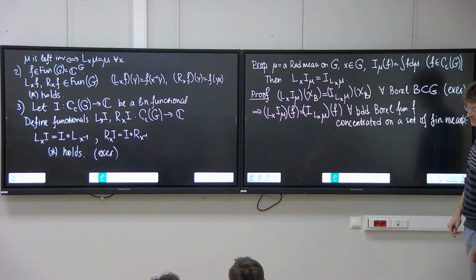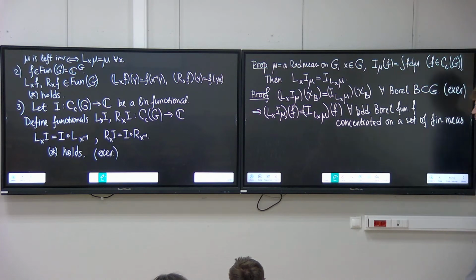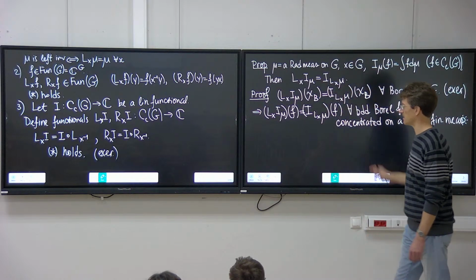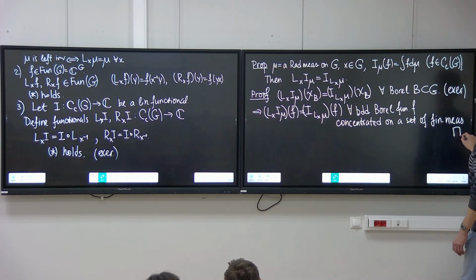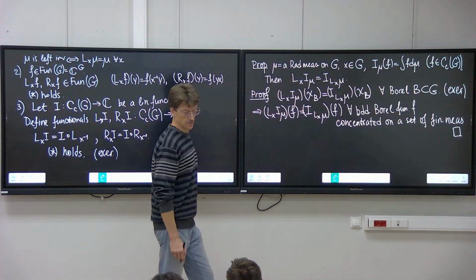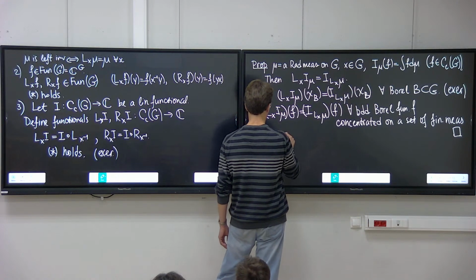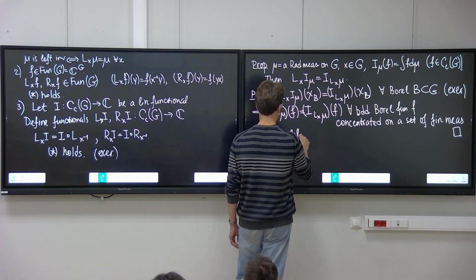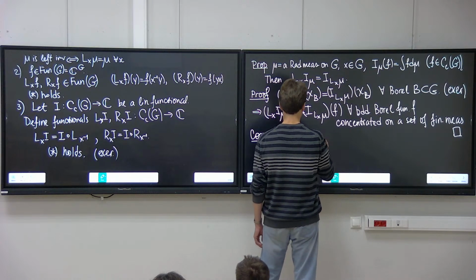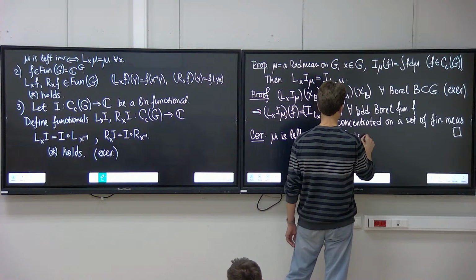But every continuous compactly supported function f satisfies these conditions, so we see that our two functionals are the same. And as a corollary, we see that mu is left invariant if and only if the integral I mu is a left invariant functional.